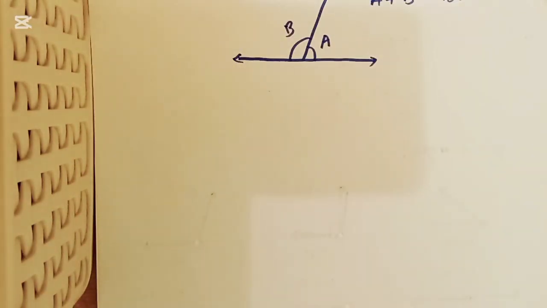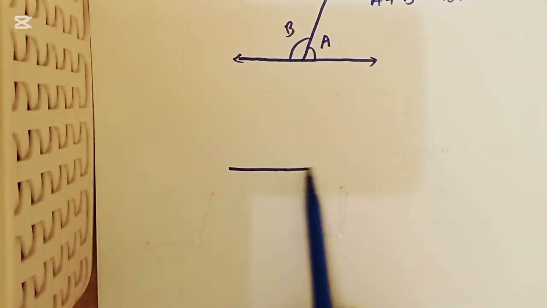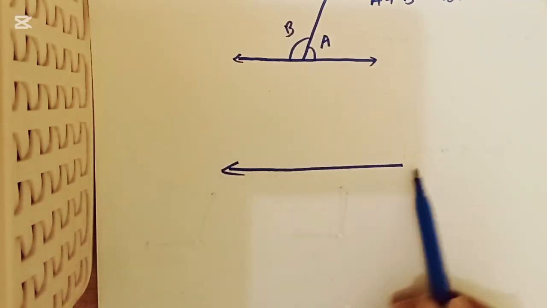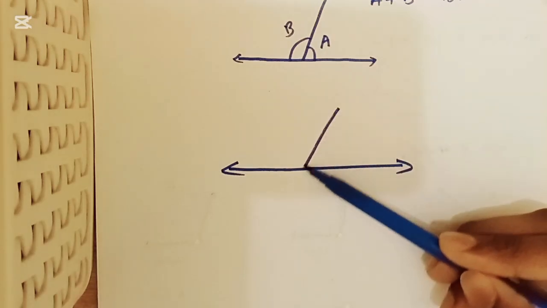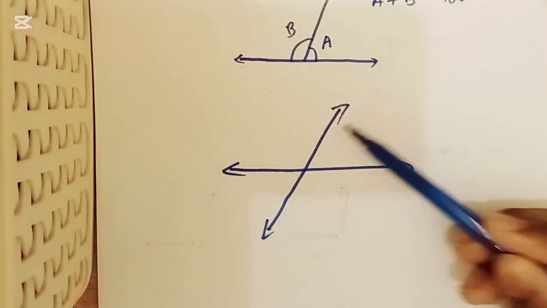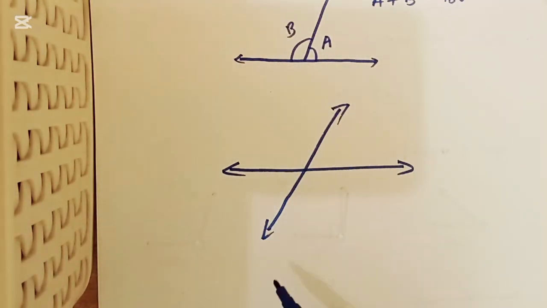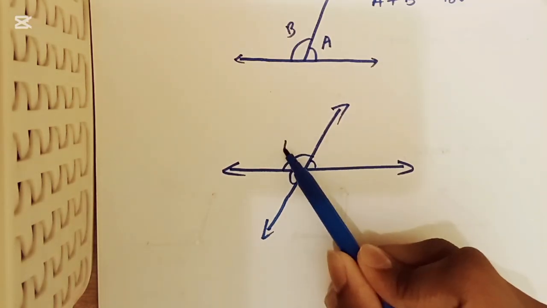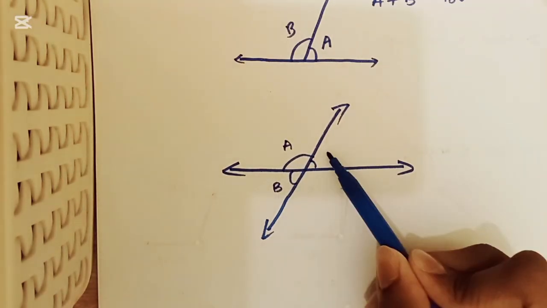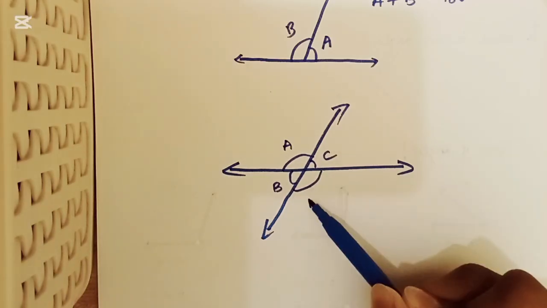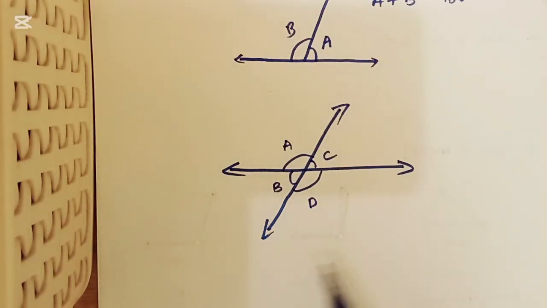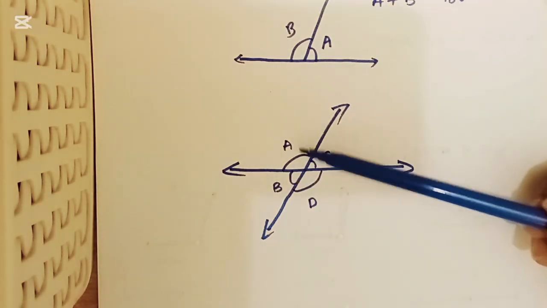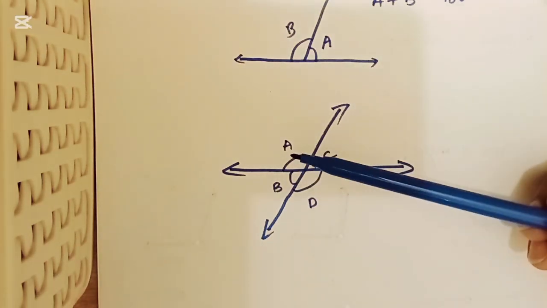Then what are vertically opposite angles? Suppose this is a line and this is another line, and the line crosses the other line. When a line crosses the other line, four angles are made. Let's name them A, B, C and D. When four angles are made when two lines cross over each other, the opposite angles are equal.